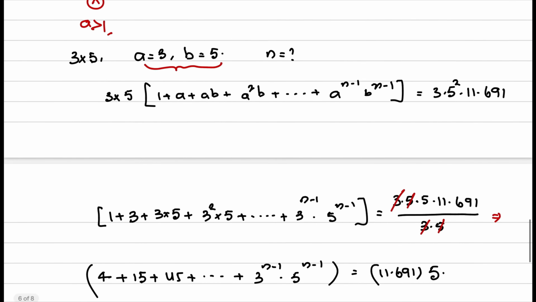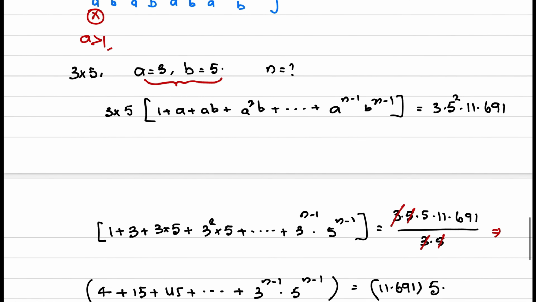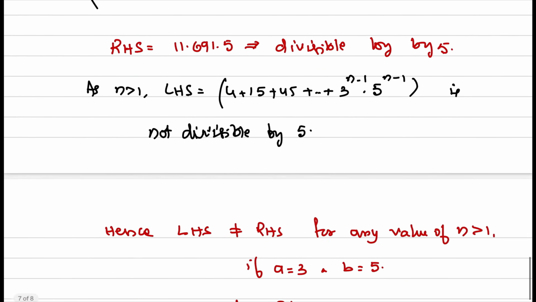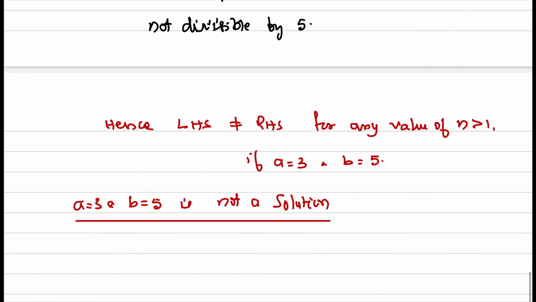A is equal to 5, b is equal to 5. Now check for a is equal to 5, b is equal to 5.